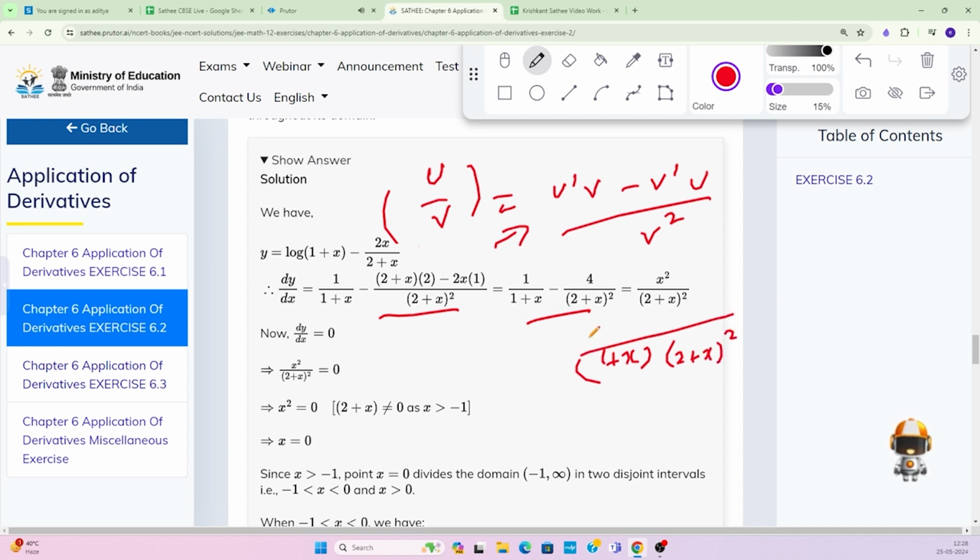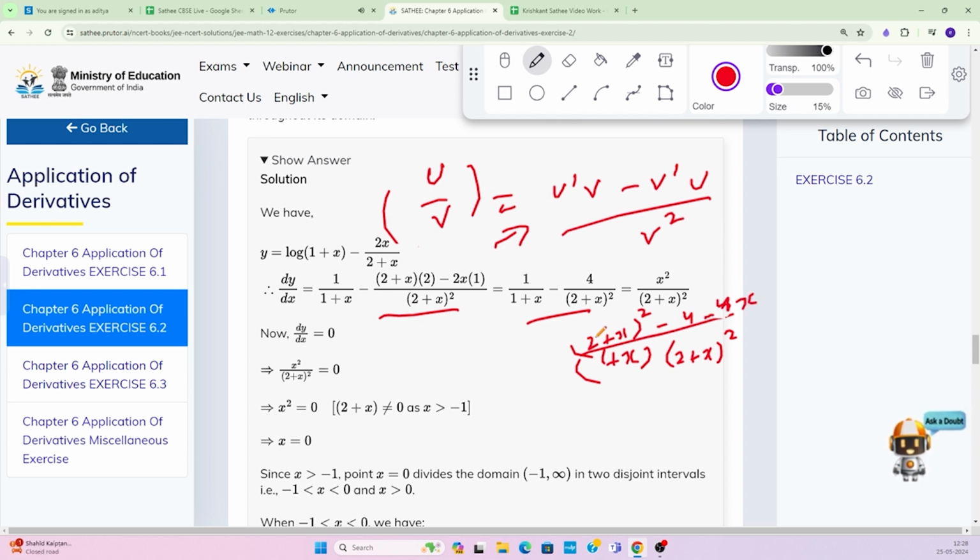This will be (2 plus x) whole square minus 4 times of this, so it will become 4 minus 4x.